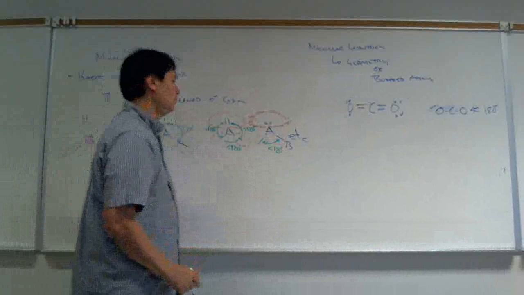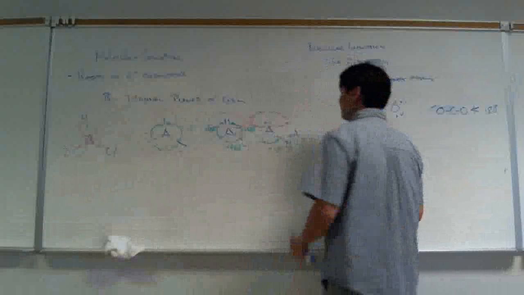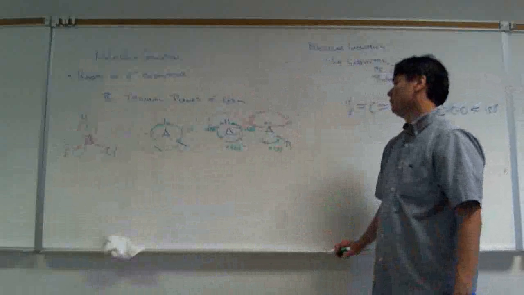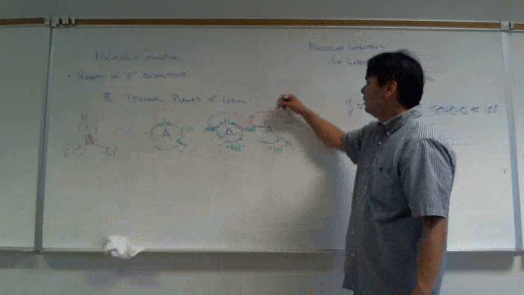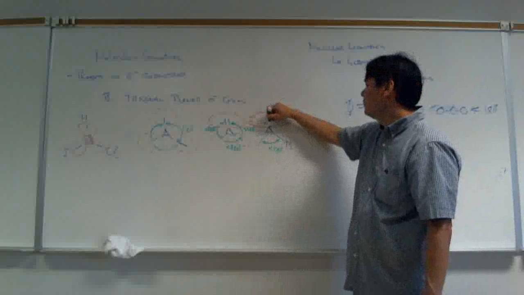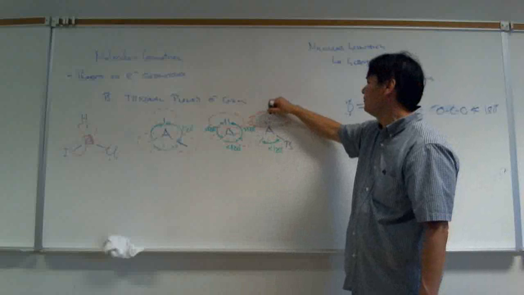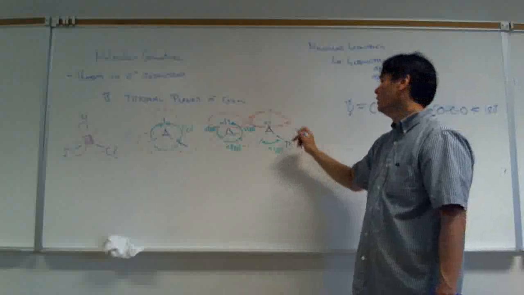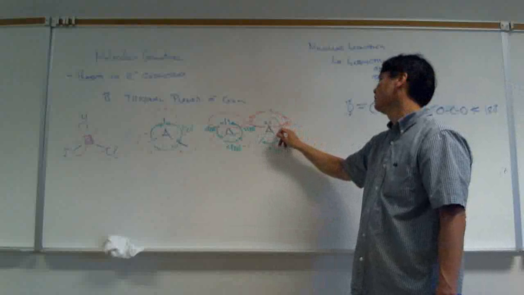Now, you guys recall the Heisenberg uncertainty principle, right? What did the Heisenberg uncertainty principle say? Are we going to pinpoint the exact position? No. And so we don't usually write the angle between a lone pair and an atom. This is usually never stated.